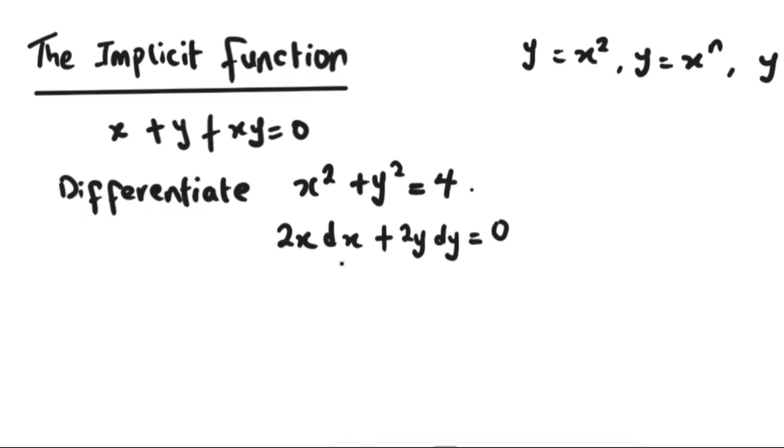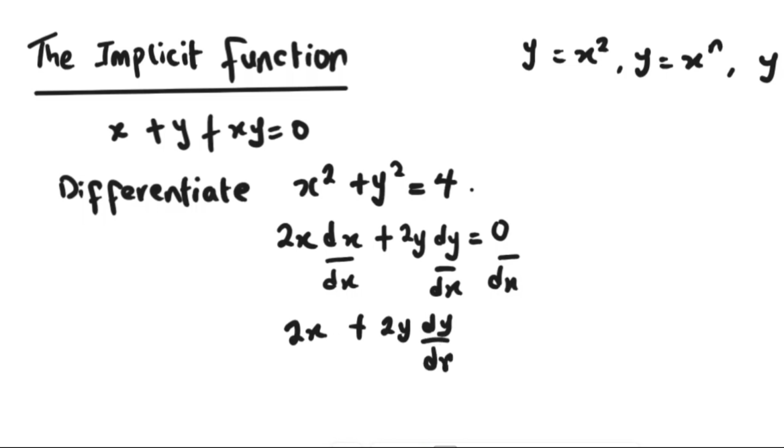We'll divide through by dx because we want to make dy/dx the subject of the formula. Dividing through by dx, we are left with 2x plus 2y dy/dx equals 0. Taking 2x to the other side, we have 2y dy/dx equals minus 2x.